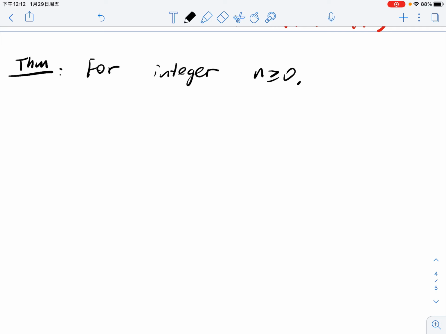Or when we know Newton's binomial formula, it's more or less obvious. Okay, so I will give two or three proofs. So first, by induction.